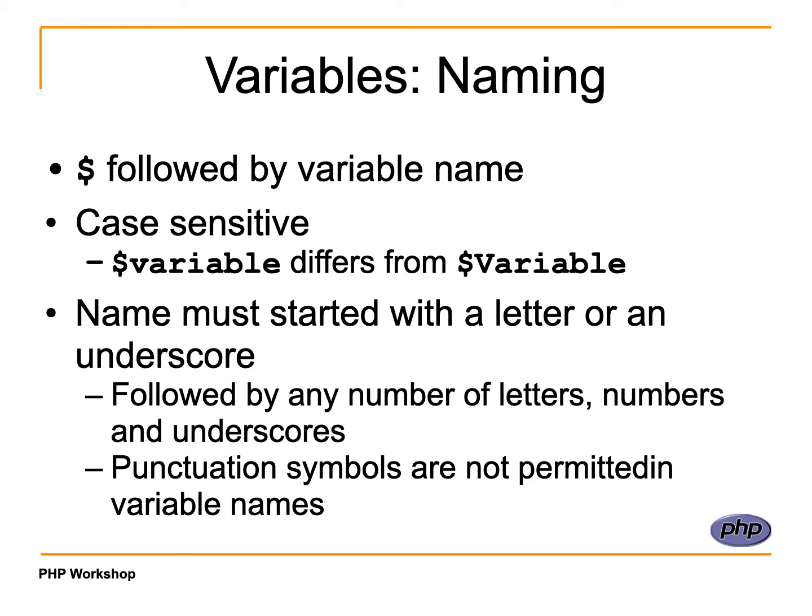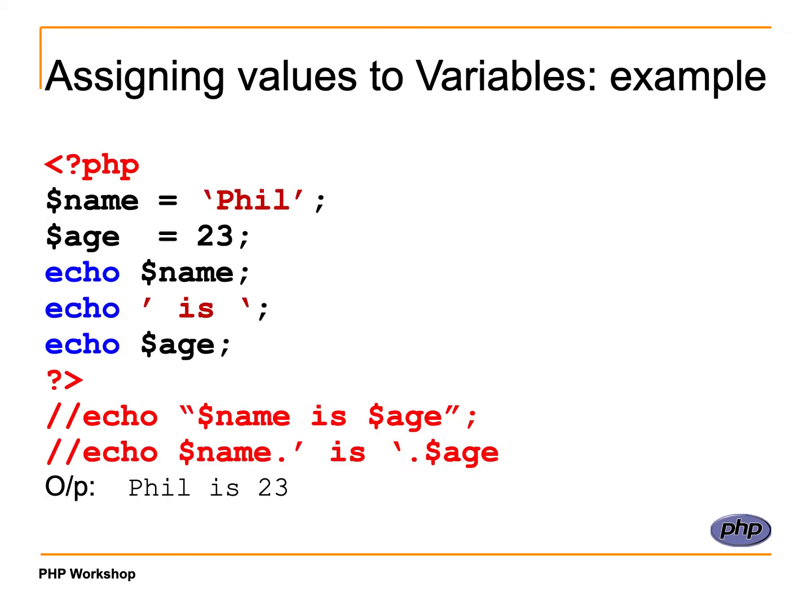We will see one example of how values are assigned to variables. Our PHP script starts with <?php. Two variables are assigned: $name = 'Fill'; $age = 23;. Then we display the values of name and age. Echo $name will refer to the value associated with the variable name, that is Fill.